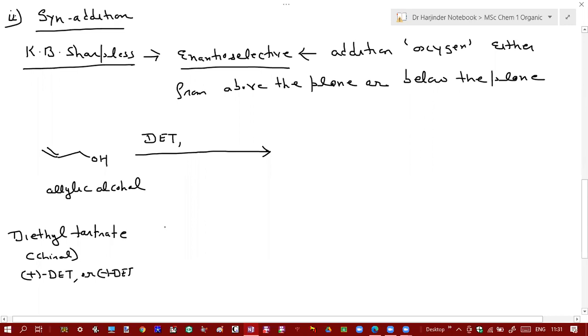And diethyl tartrate is basically derived from tartaric acid. So it is CO2Et, CHOH, CHOH, CO2Et. So this is your diethyl tartrate.